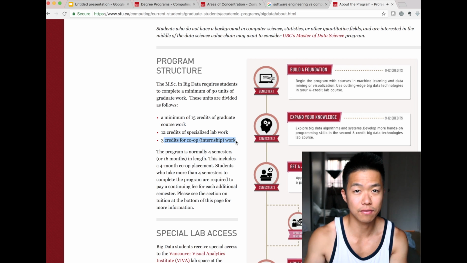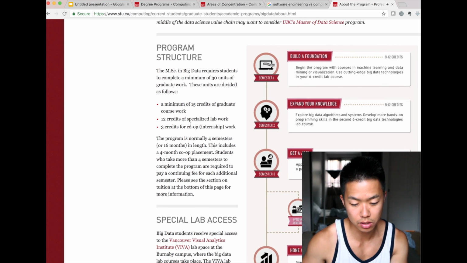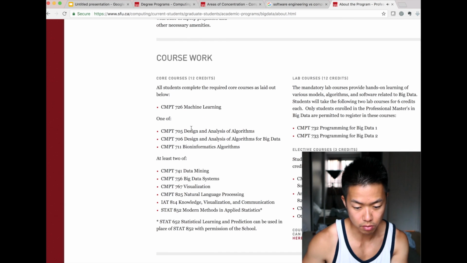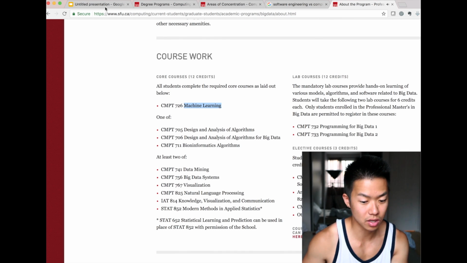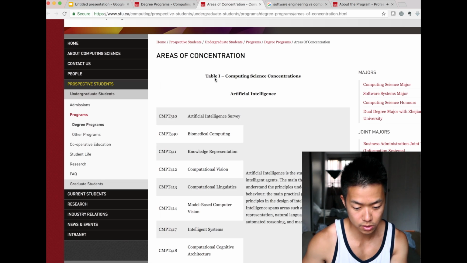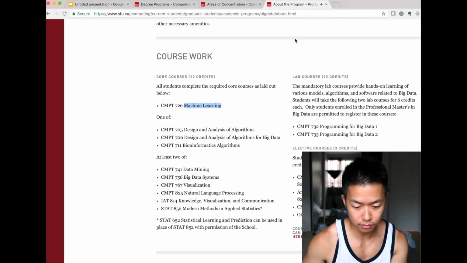But this requires you to take a co-op. That's why I see SFU as really practical to get your job, because this requires you to take at least one semester of internship. Machine learning is so hard. I didn't take it, but it's definitely a master's level course. So hard because it requires math, linear algebra, and computer science.